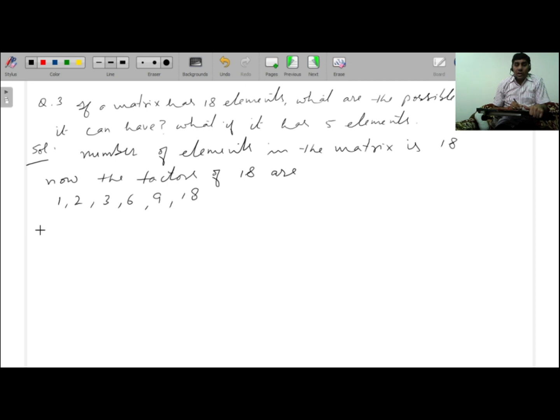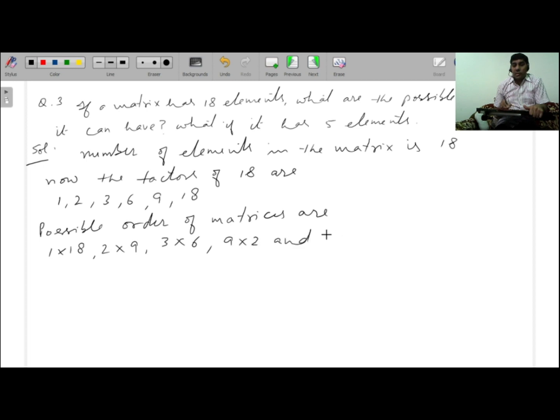So, possible orders are 1 into 18, 2 into 9, 3 into 6, 9 into 2 and 18 into 1.